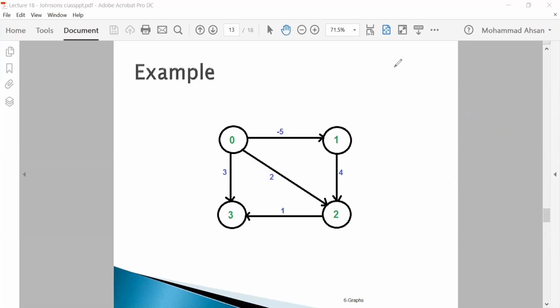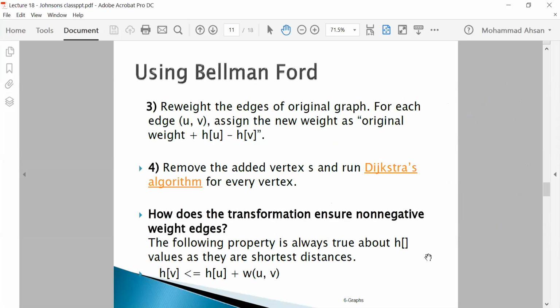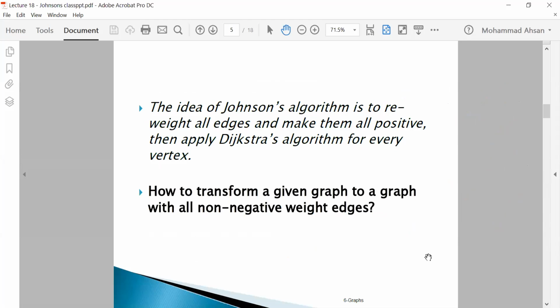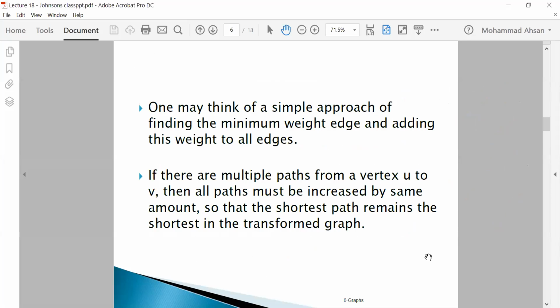So just a second, let's go back. First we have to learn how to transform the given graph with negative weights to all non-negative weight edges. Just like I said, to eliminate negative, you find the highest negative, as in the least value of the edge, and you basically balance it to 0 and then add the weight to all the other edges.